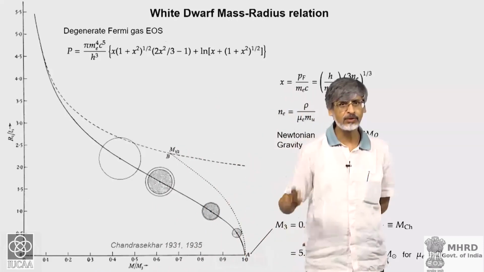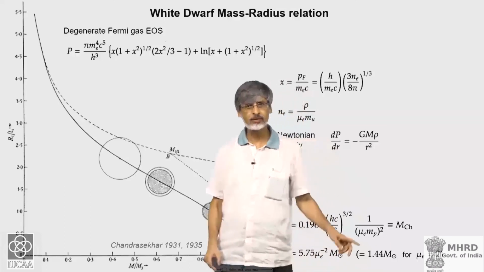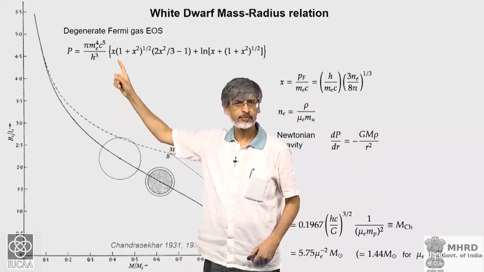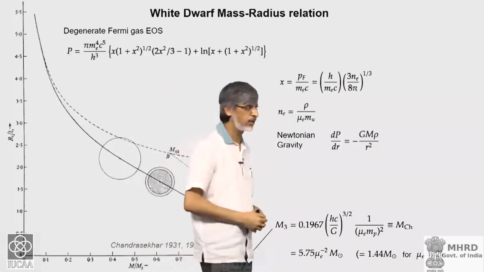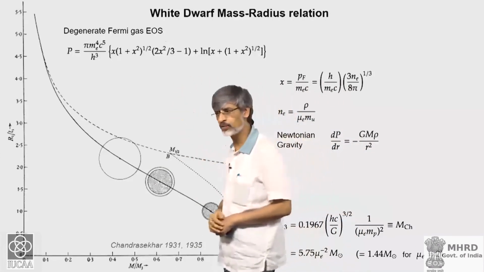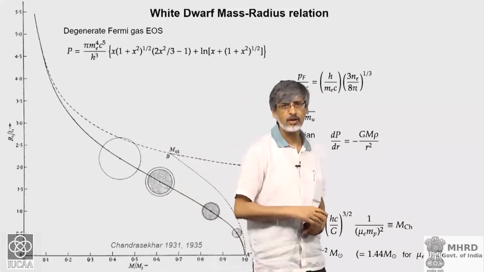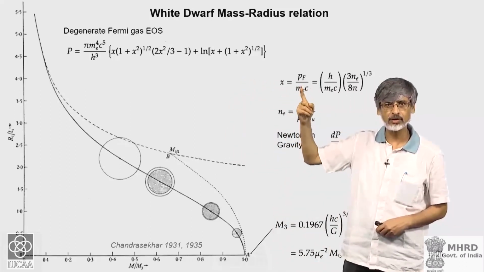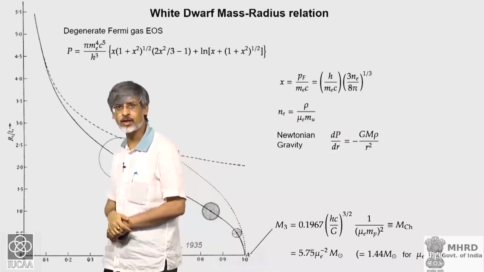So, this limiting value of the mass can be computed exactly from the white dwarf Fermi gas equation of state. So, if you just take electron degeneracy pressure, the full expression of the pressure is shown here. This is not just in two asymptotic regimes which we did before, but this is the complete expression going for all densities. The quantity x here is the ratio of Fermi momentum to electron mass times the speed of light.